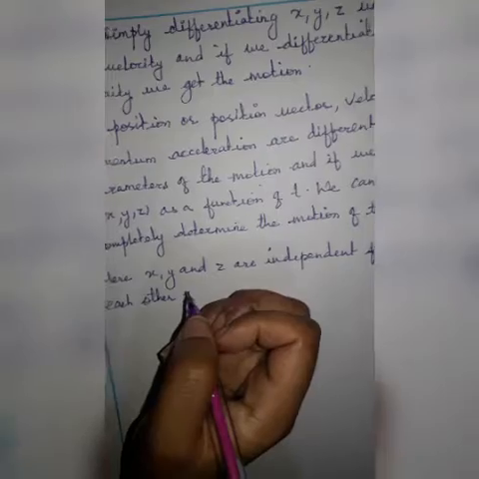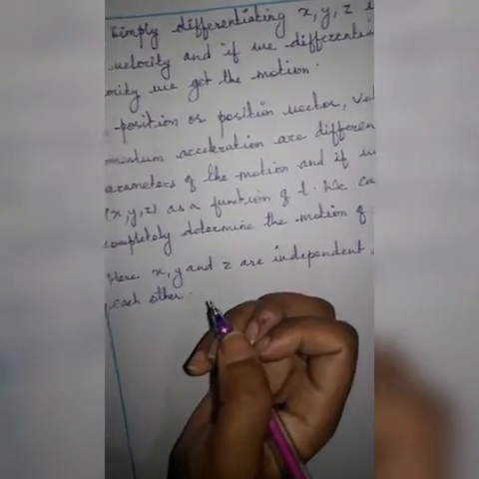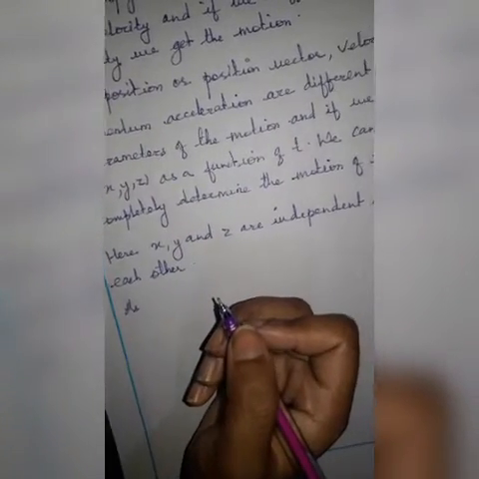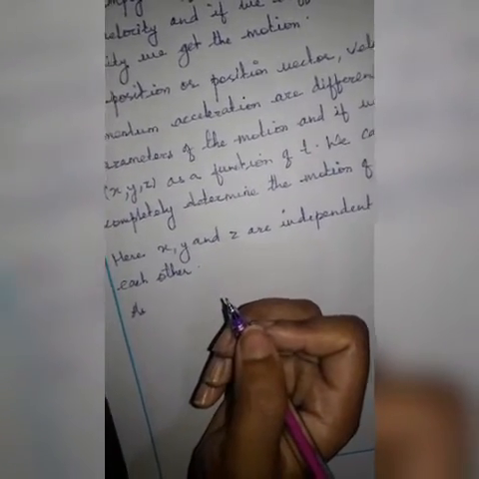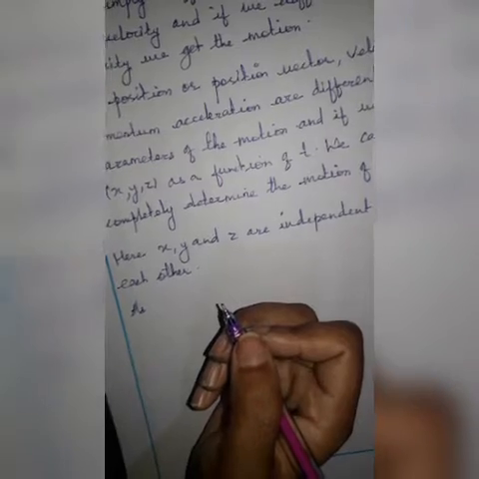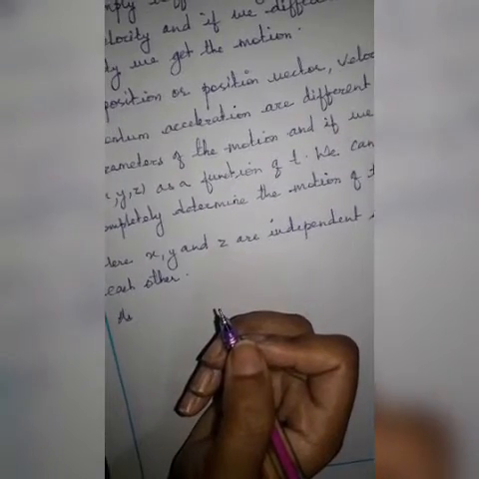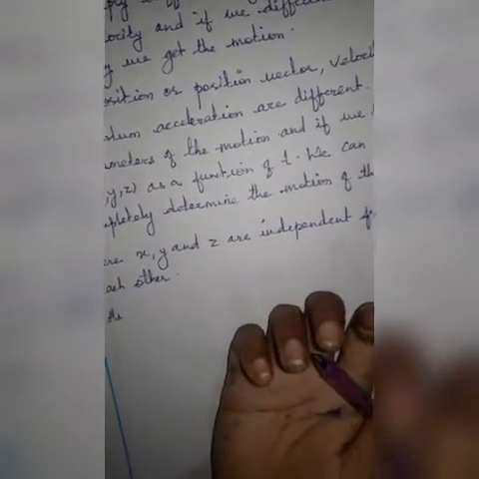So as in this particle, the minimum number of independent variables required to describe the complete motion of that single particle is 3. The degree of freedom of the particle free to move in 3D space will be 3.